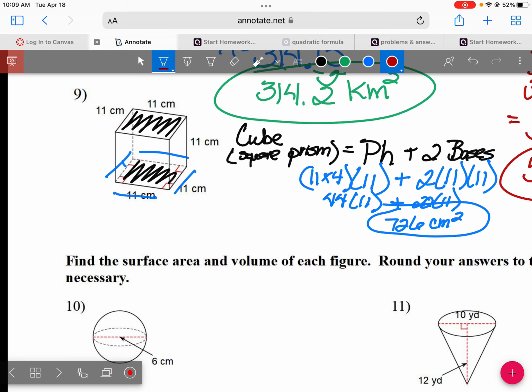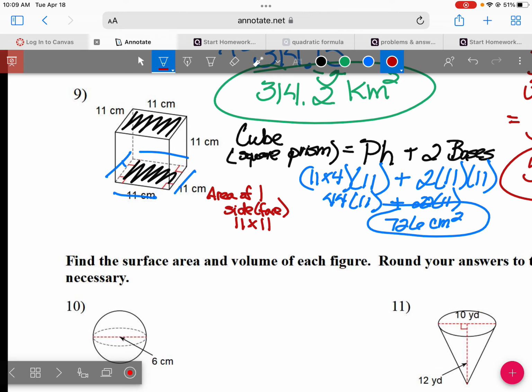Anyway. So a cube has all faces and bases the same area, right? So if I find the area of one face, that's going to be 11 times 11, correct? Now, aren't all of those the same size?